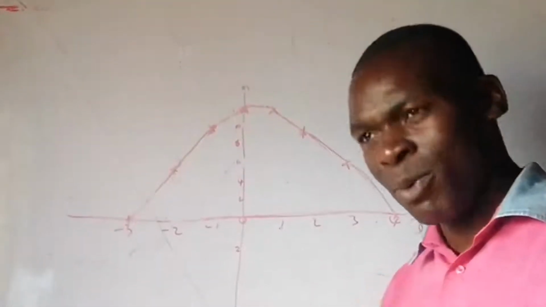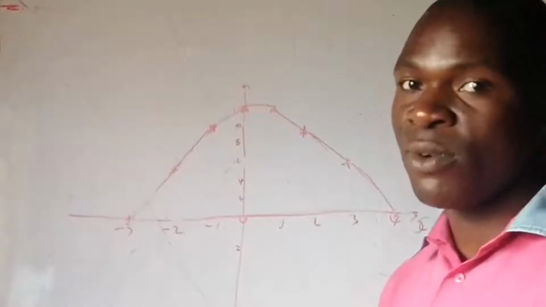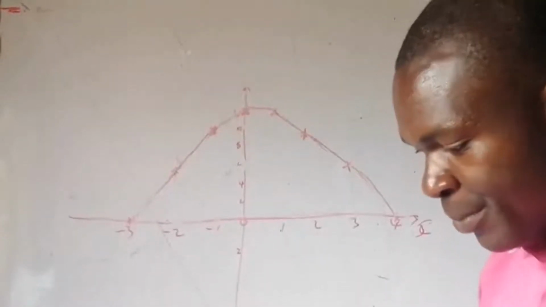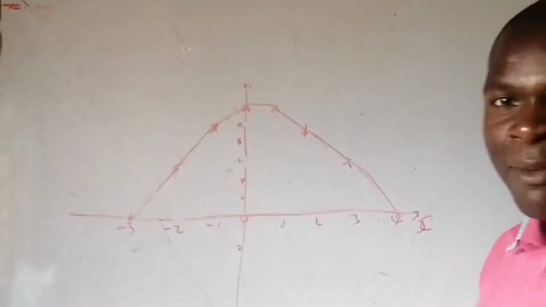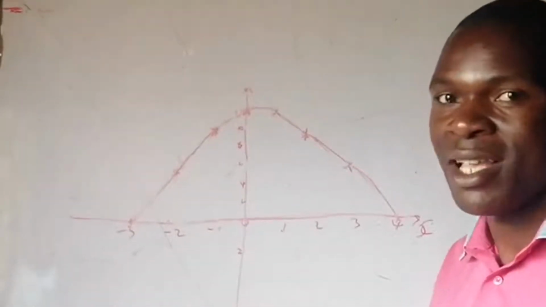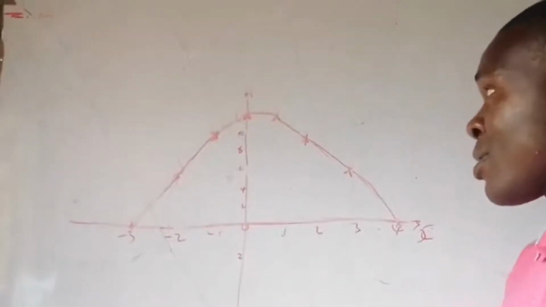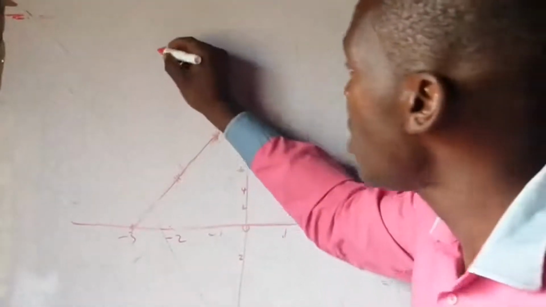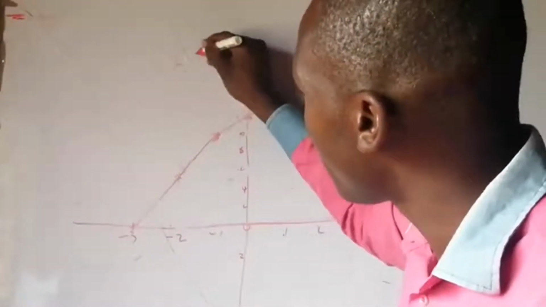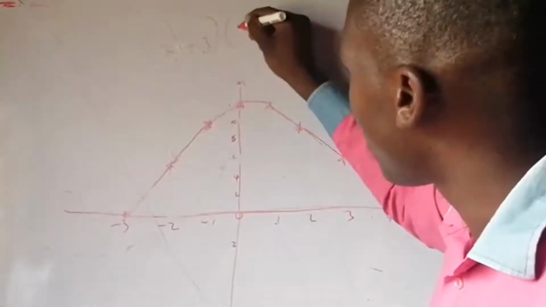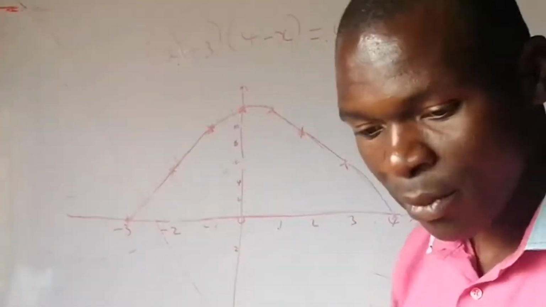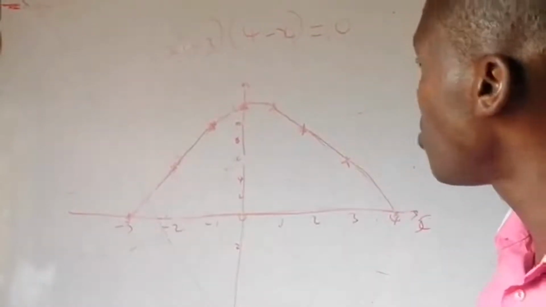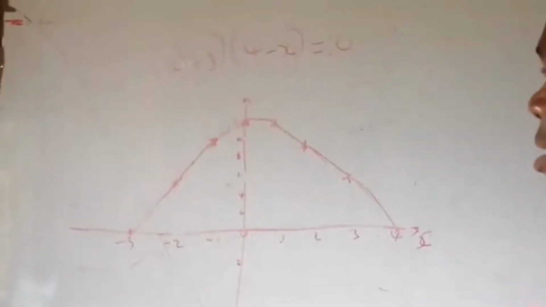So, at this point in time, know that the roots of the equation is the same as the solutions for the equation. So you can be asked to find the solution of the equation (x + 3)(4 - x) = 0. Here, you have to know something.